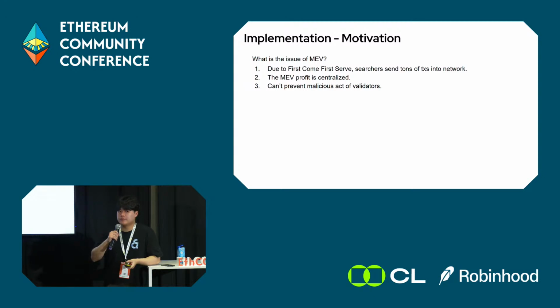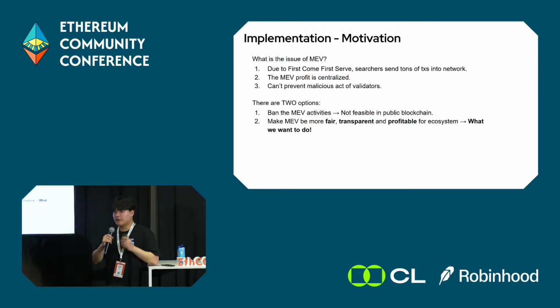The MEV profit is quite centralized to the searchers, who usually require lots of resources like engineering resources or node management. We also cannot prevent malicious action by the validator, because the validator finally mines the block and can replace the searcher's transaction with its own transaction.